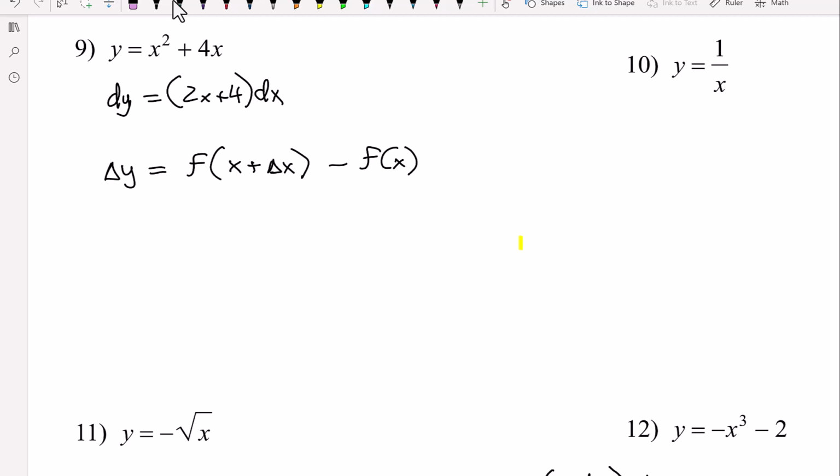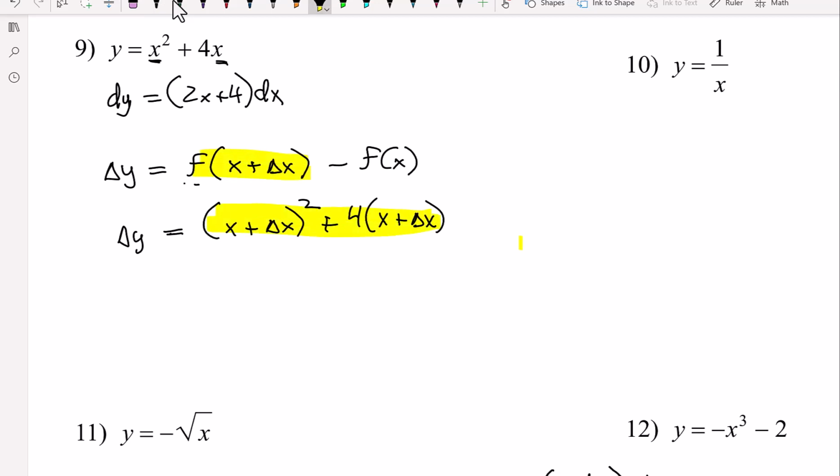All right? So you take that original function, so delta y is (x plus delta x) squared plus 4 times (x plus delta x), because everywhere there's an x, you're going to substitute x plus delta x for this first part. So this first part is this.